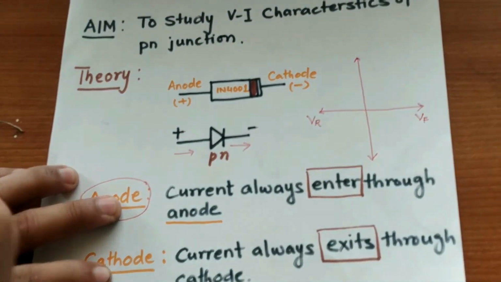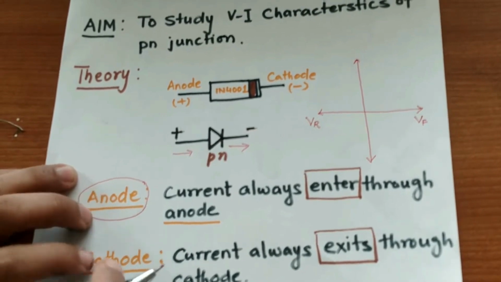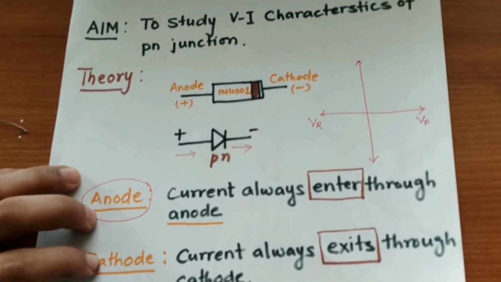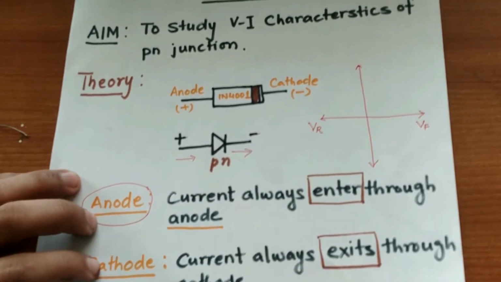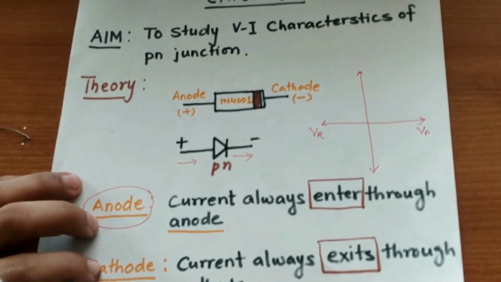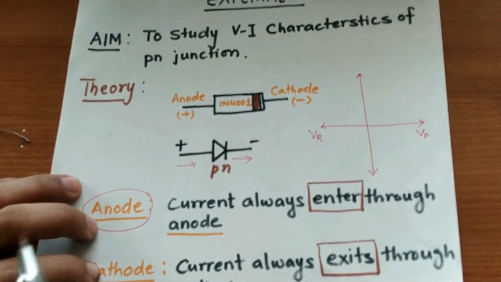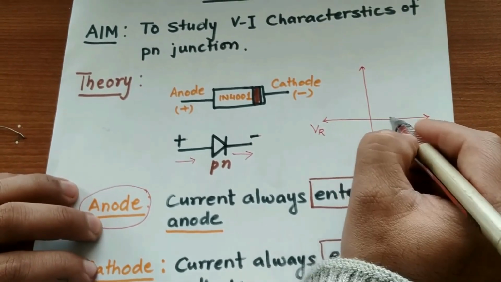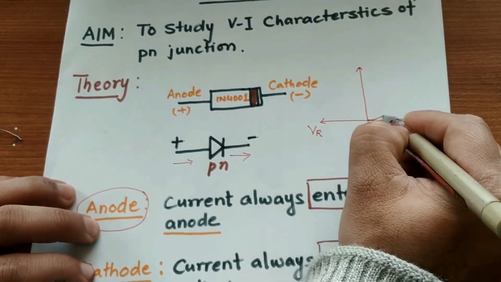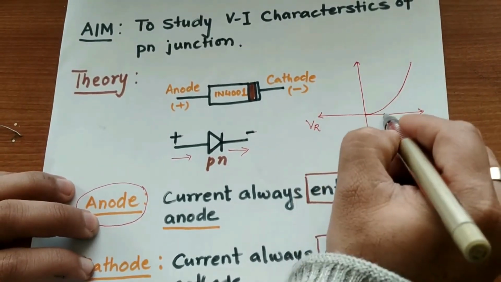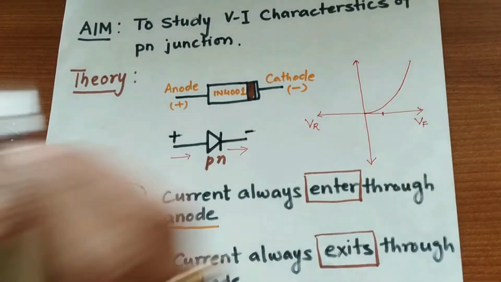As I have told you, in reverse bias condition when we say there is no current flowing, we are talking about the ideal condition, but in practical application that is not the case. When the diode is working in forward bias, you will get a curve like this. Suppose the diode has a cut-in voltage.